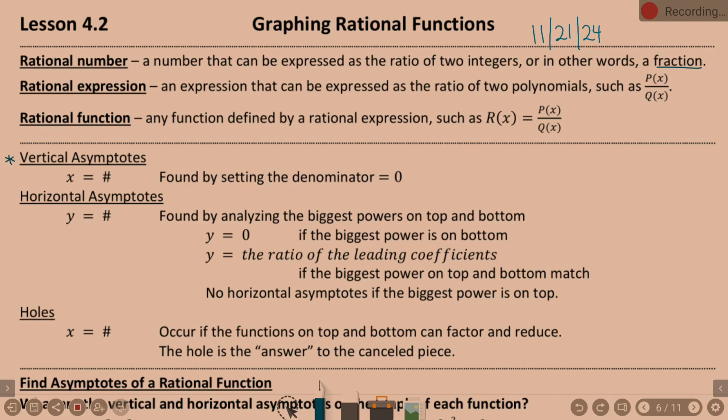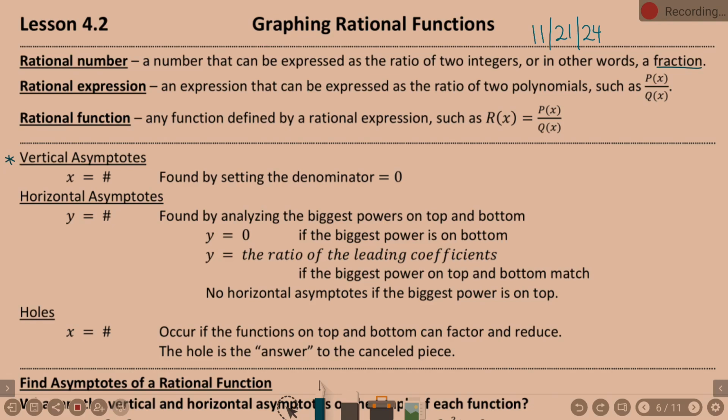So it's always going to be that line, x equals a number. And we find vertical asymptotes by taking the denominator and setting it equal to 0. So anytime you have a fraction, any place that denominator will become 0, will produce a vertical asymptote. Okay? So that will be the rule we'll refer to there for vertical asymptotes.